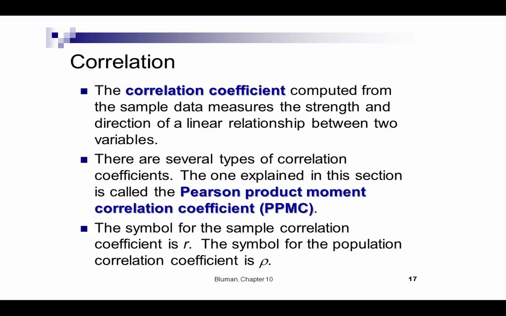Here's another definition and explanation of this statistical tool. The correlation coefficient is usually, as I just said, calculated from the sample data measures, and we're looking at whether or not the pattern of a scatter plot between the two variables represents a linear or straight line relationship. And I'll come back to this in a little bit.